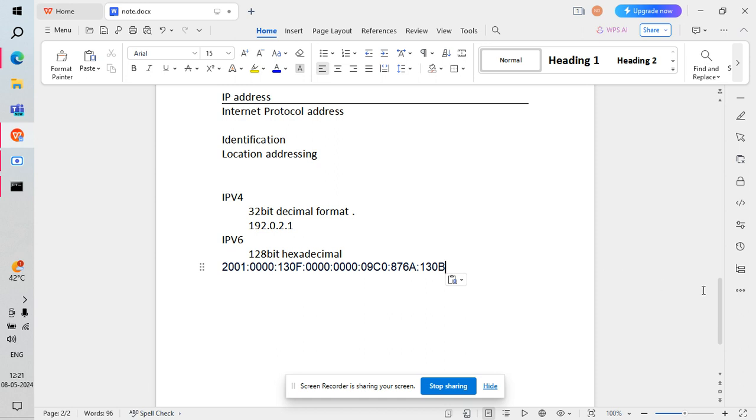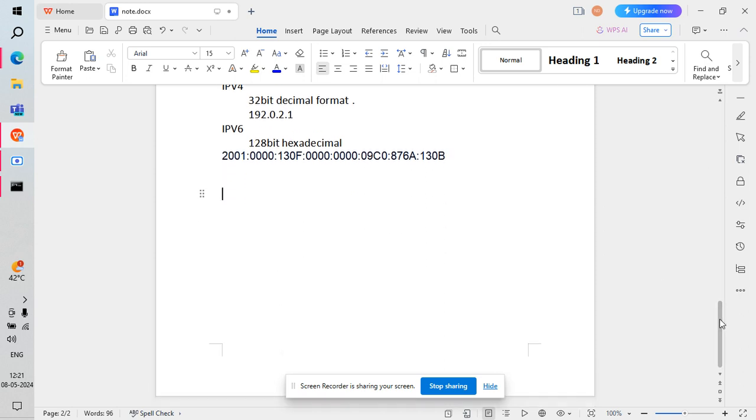Let me explain about that also. Dynamic IP address and static IP address. Dynamic IP addresses are assigned to devices temporarily by a DHCP server, Dynamic Host Configuration Protocol server.